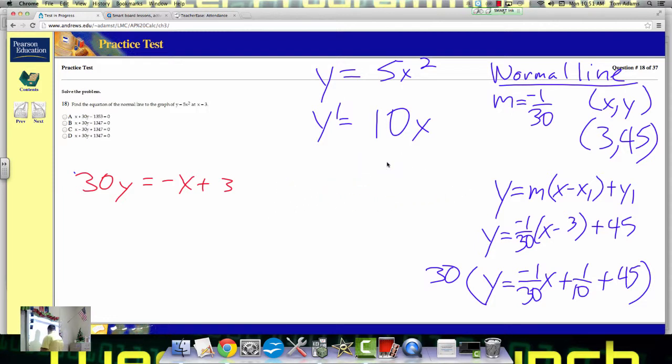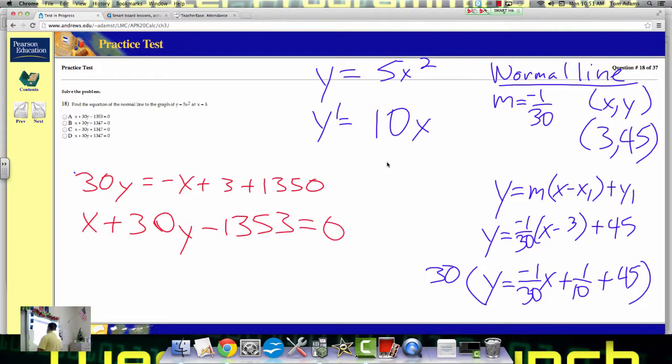And then what is 30 times 45? 1,350? Yeah. All right. So now when I move everything over to the other side, I get positive x plus 30y minus 1,353 equals 0, which is the top answer.